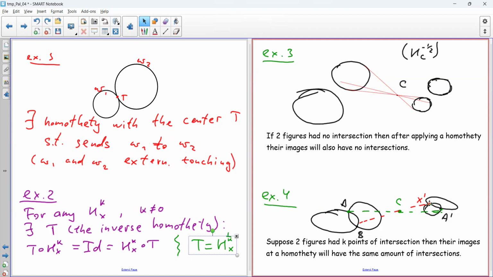That means that any new intersection of the images must have some pre-image in the first homothety, because the image in the inverse homothety would be literally the same point. That is how we show that there is a one-to-one correspondence between the intersection points. In the previous situation, we may now prove it by the same method, by proof by contradiction.